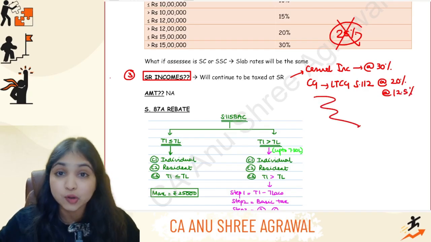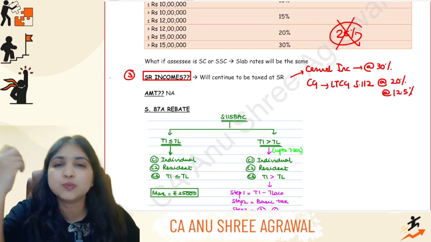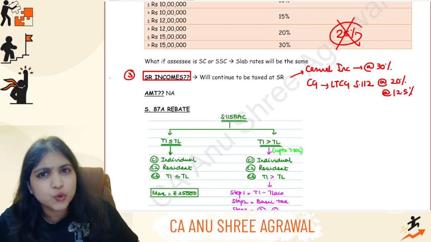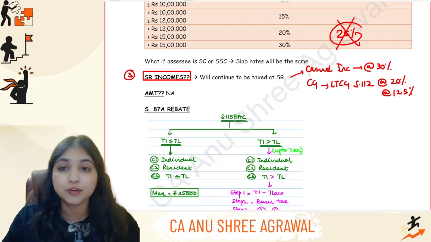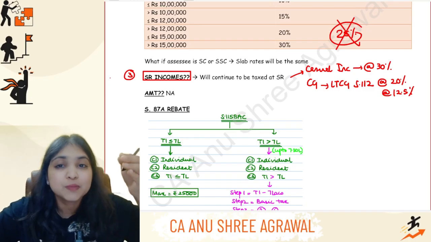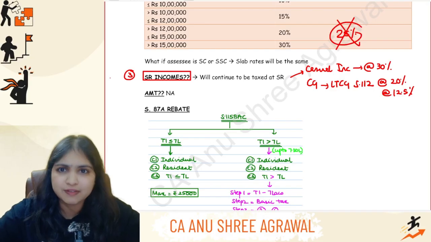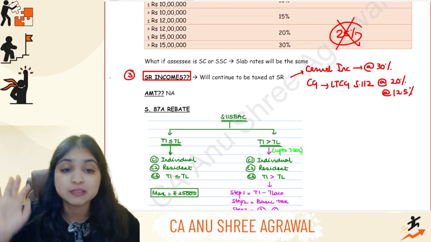Basically, whatever are your special rate incomes, on those special rate incomes, the special rate of tax will continue to apply, just like what you do under the normal regime, guys. Whether the assessee is following 115BAC or opting out of 115BAC, doesn't matter. Special rate incomes will be taxed at the same special rate only.